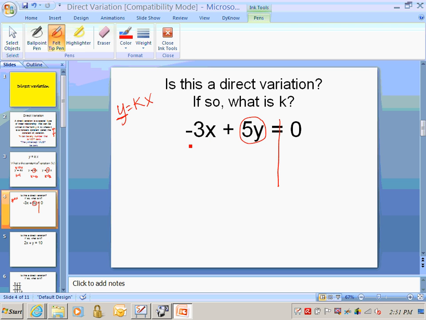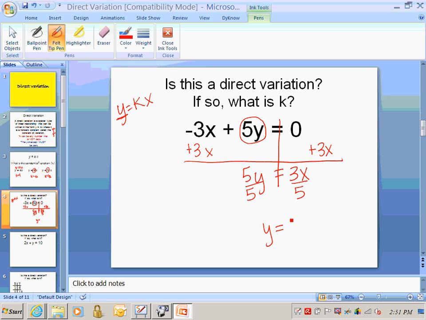So to make a 0 pair, I'm going to add 3x to both sides, so that I have 5y equals 3x. And then to solve for y, I need to divide by 5. So now I have y equals 3x over 5, or I can rewrite this as 3 over 5x.